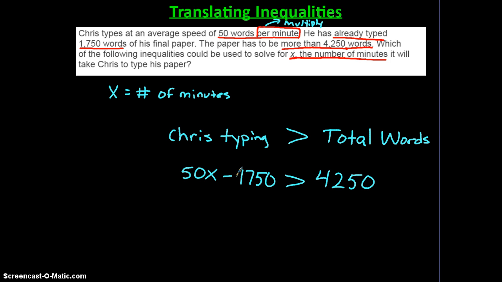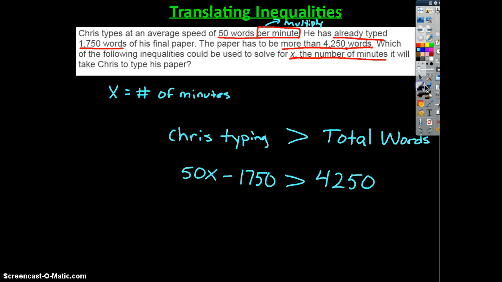To actually balance this inequality, wouldn't you add 1,750 to both sides? Well, think about it. If you're doing that, isn't this total word count that they said has to be more than 4,250 words now getting higher? That doesn't make much sense in that case, that the word total would get even higher. So in this case, we shouldn't be subtracting in here.